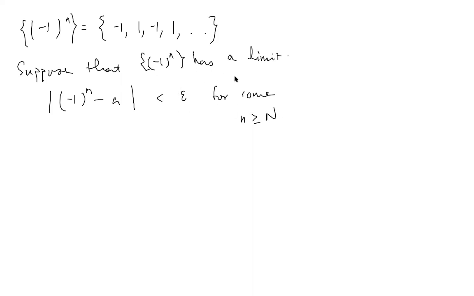Since you only want to derive a contradiction, you just need to show one particular example, yeah? So you keep it simple by using epsilon equals 1.